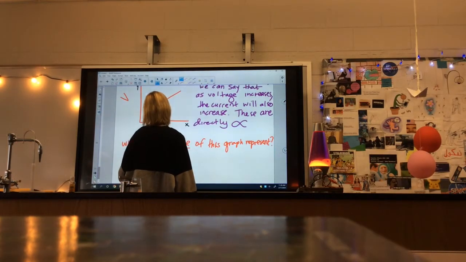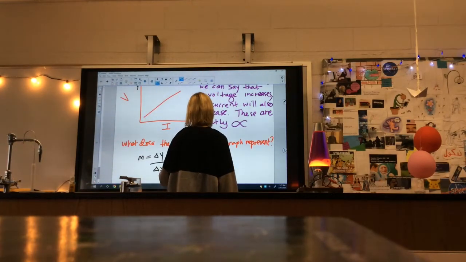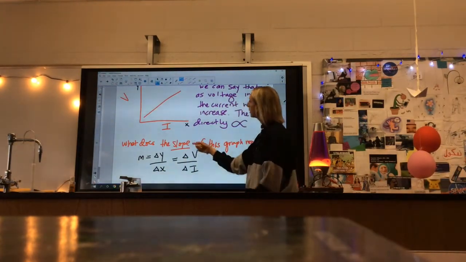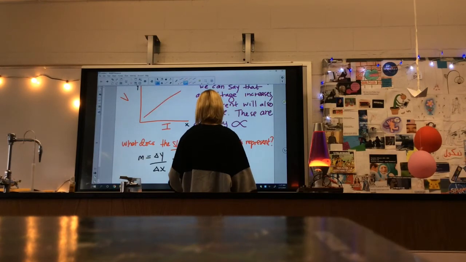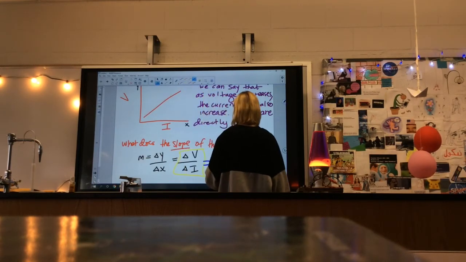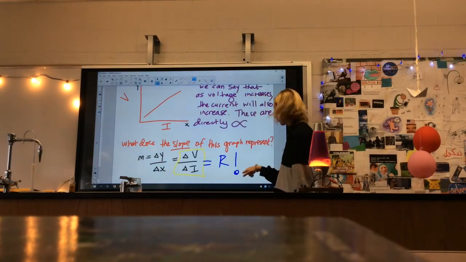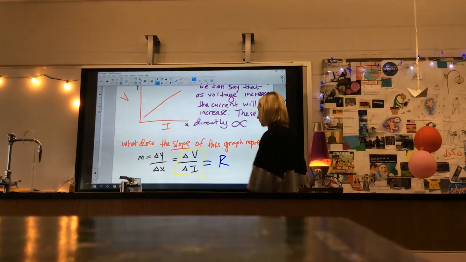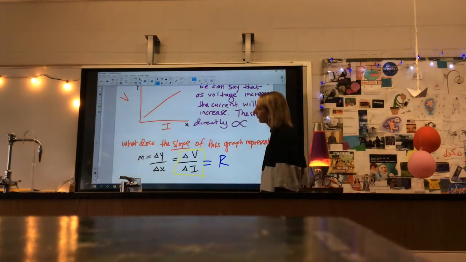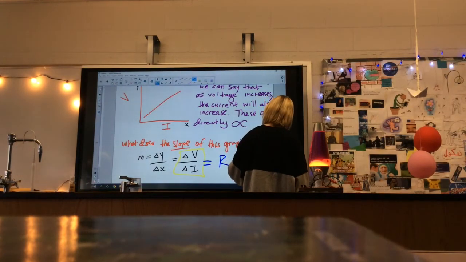Slope is equal to delta y over delta x, which in this case is going to be change in voltage over change in current. What does that look like? It looks a lot like Ohm's law. So the slope of this graph is actually equal to the resistance. That's not a factorial symbol. Sorry, let me get rid of that so you don't get confused. So the slope of this graph represents resistance.